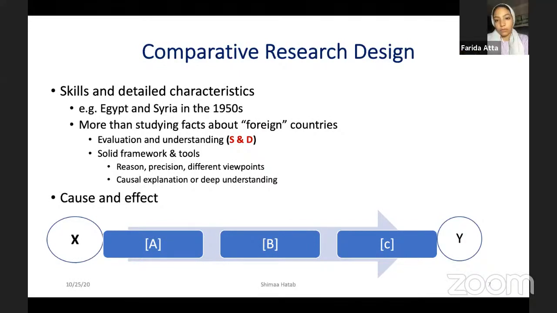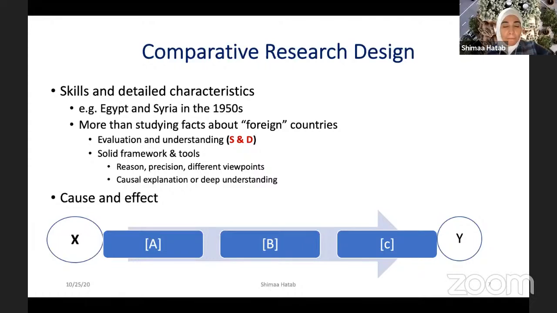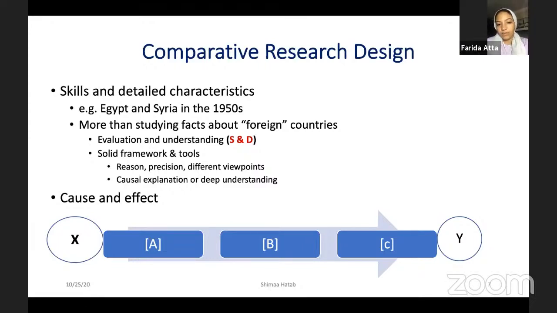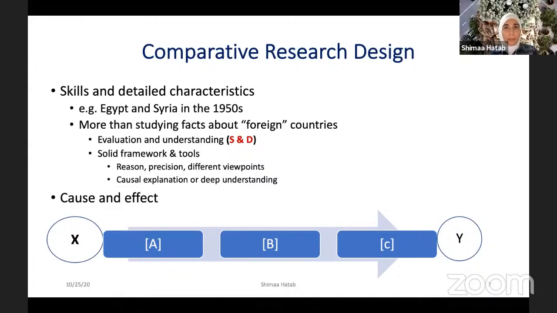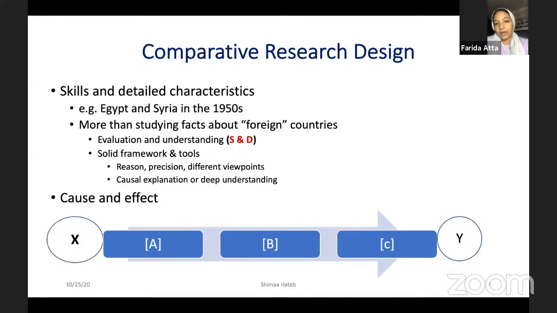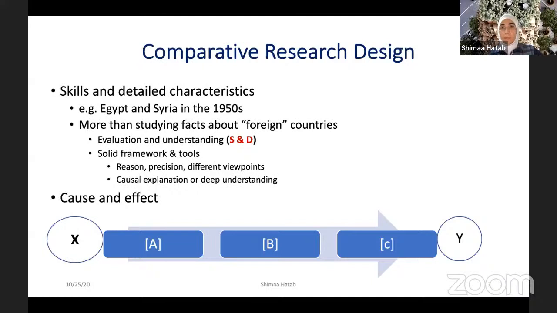So the civil war is our X and the causes or the reasons of the civil war is Y, right? Say it again. You said that A, B and C are mechanisms by which we will know how the civil war happened, or the effects or reasons behind the civil war, right?